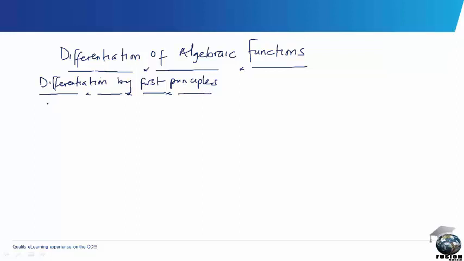By first principles, if you are given y equal to 2x squared plus 5 and you are told to differentiate it, all you have to do is add some change to x and y, and then differentiate. By the way, I want to say something before we continue.